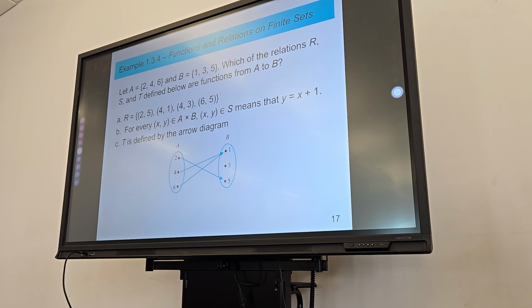All elements of A have to be associated with an element in B. That's the case with T. And for each element in A, there's only one element in B that it's associated with. That is also the case. So T is a function. So it doesn't have to hold for every element of B. No.